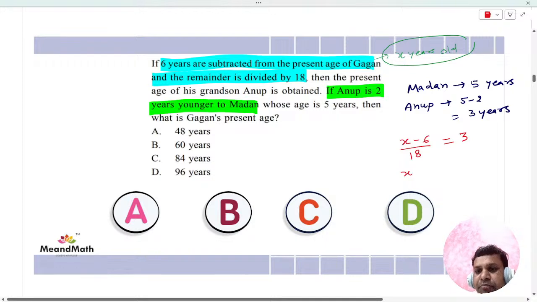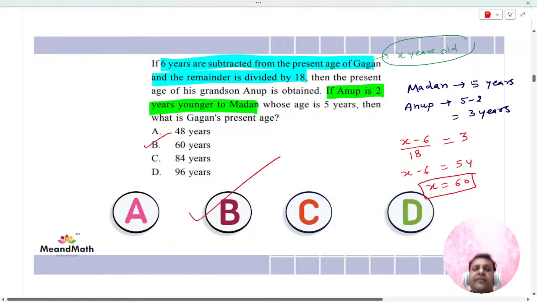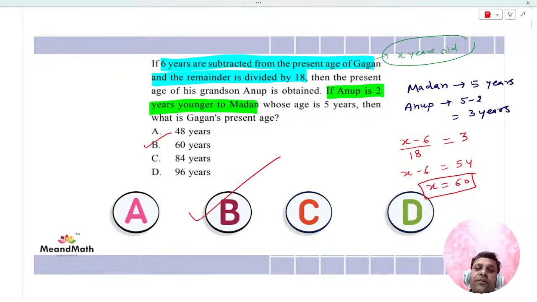So X minus 6 is equal to 54. So X is equal to 60. Where is 60? In option number 2, X is 60. So option B is the correct answer, meaning Gagan is 60 years old now.